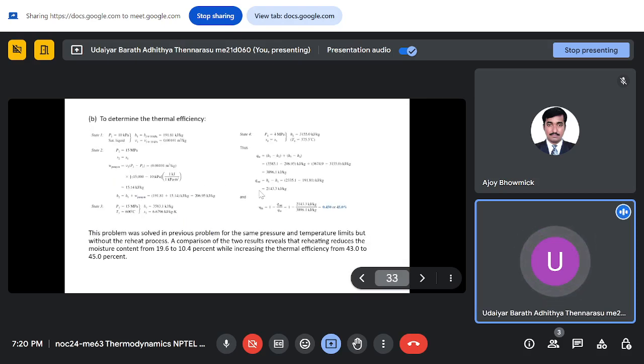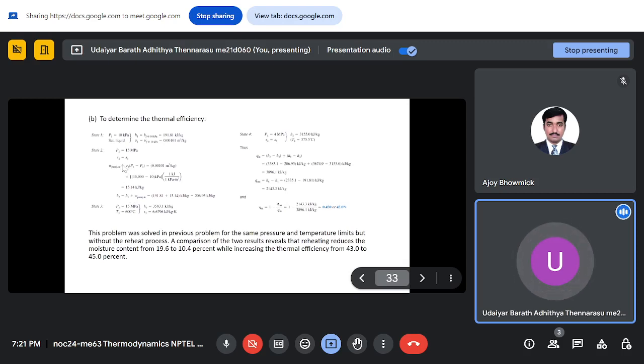Now to find out the efficiency, we know at state 1 inlet, which is 10 kilopascal, it will be at liquid inlet. So you can find out enthalpy and you can use specific volumes. State 2 is at 15 megapascal, and S2 is equal to S1. Your pump work is nothing but minus v dp.